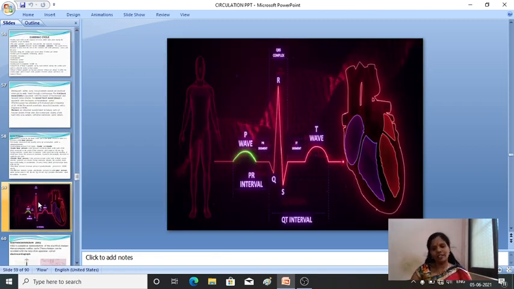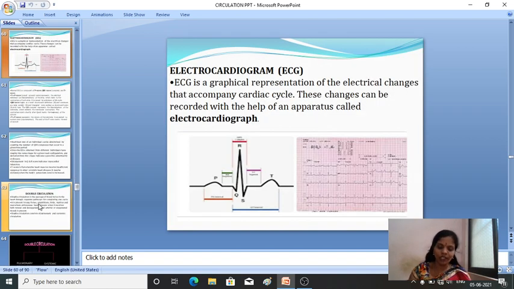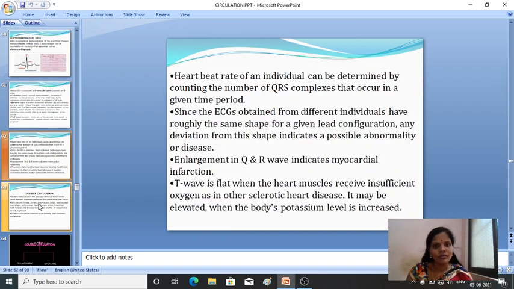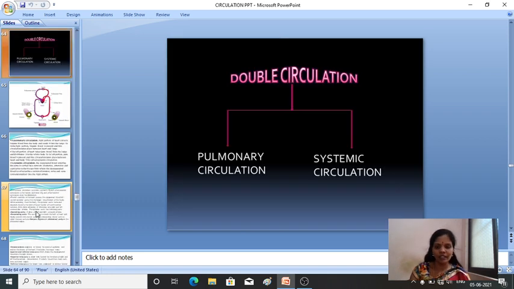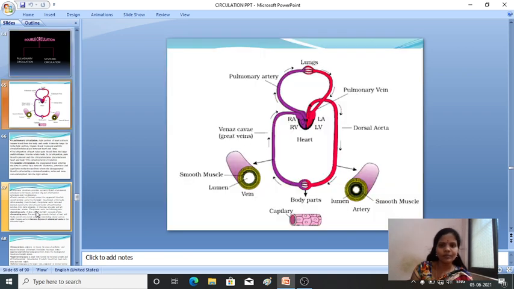In today's class we have discussed the ECG. ECG, the graphical representation, is important for 3 marks. Fine, ECG you have to know. Then double circulation is also important for a 5 marks question. Here you have to know the complete mechanism and diagram of double circulation. There are two types of double circulation: pulmonary circulation and systemic circulation.